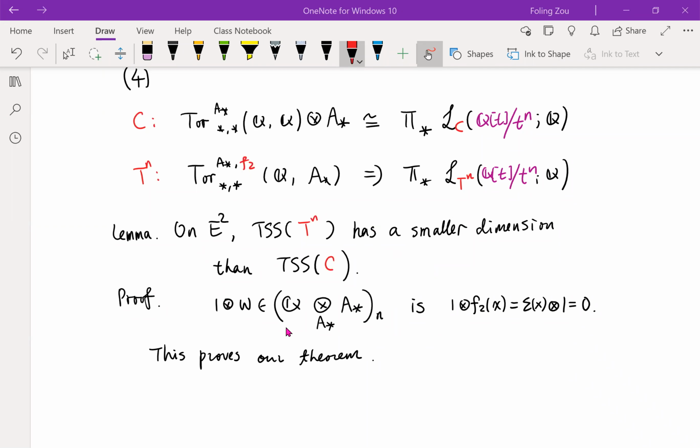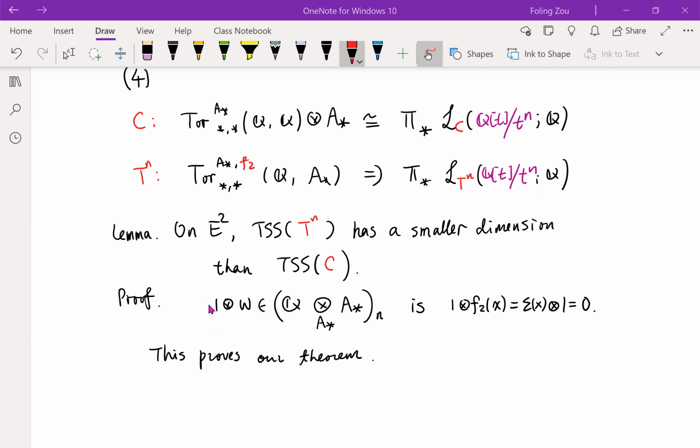So here, this is the degree 0, m part, so it is the tensor, and then it's at internal degree n. And this is the class 1 tensor W, where W is F2 of x. And this class 1 tensor W, because we are tensoring over A star, we can move this x to the left, and we get the augmentation of x here. And since x is in degree greater than 0, this class is 0.